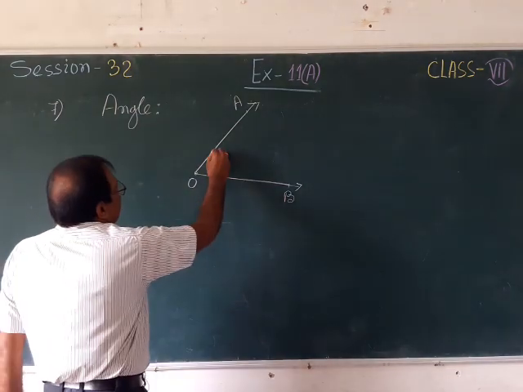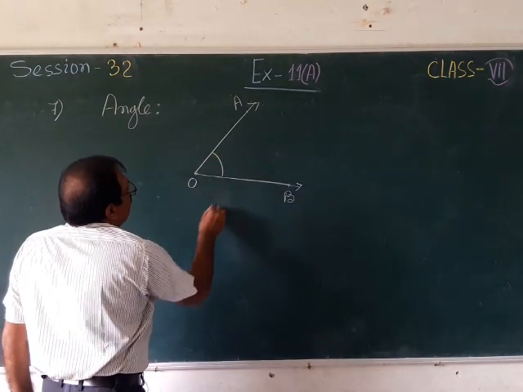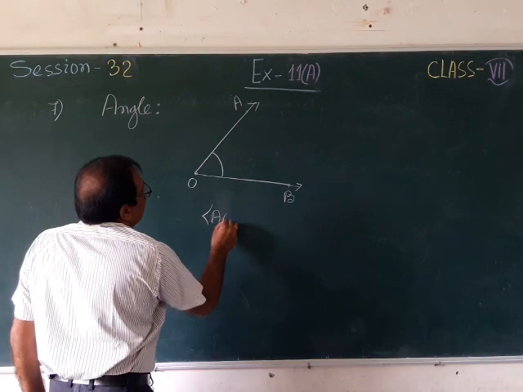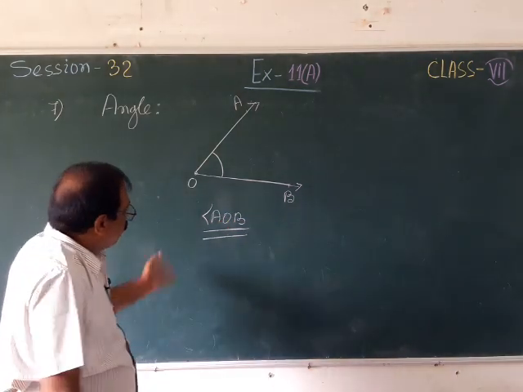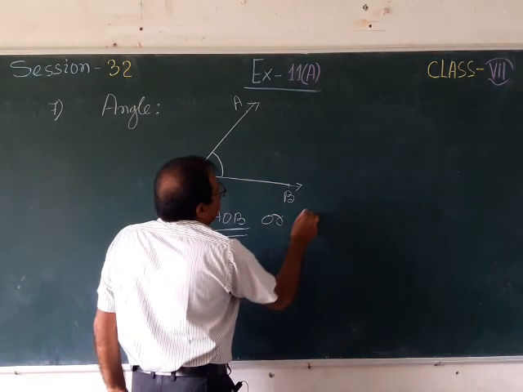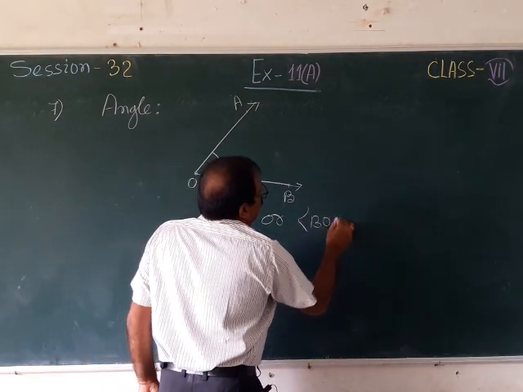Then they are making an angle AOB. I can write it as angle AOB. You will be reading it as angle AOB, or you can also read it as angle BOA.